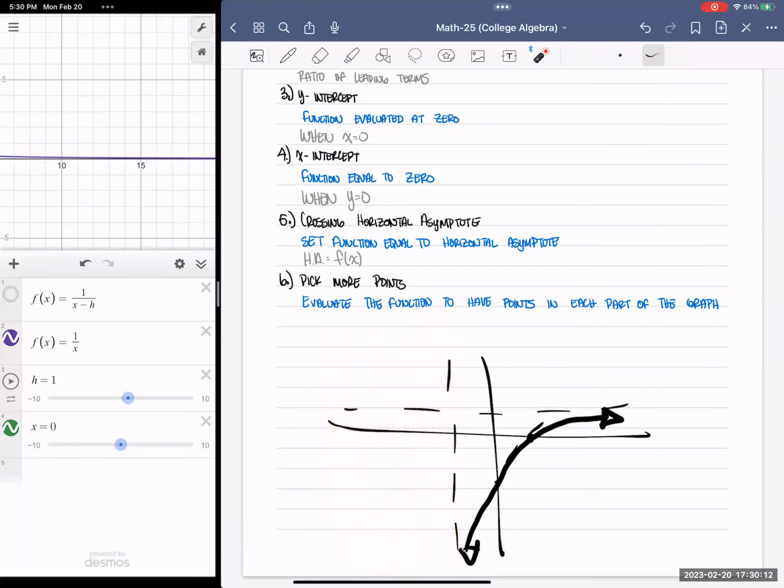So we would have to find a couple of points over here. If we find a point above the asymptote, then we know our graph is going to go here. If we're below the asymptote, then our graph is going to go somewhere down here, because we know we're not crossing any of the other asymptotes.